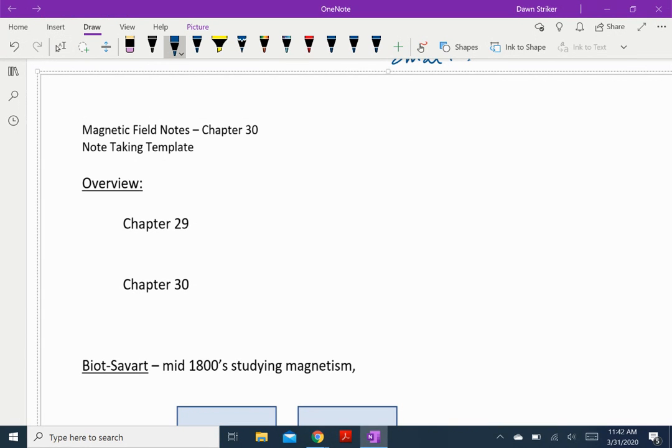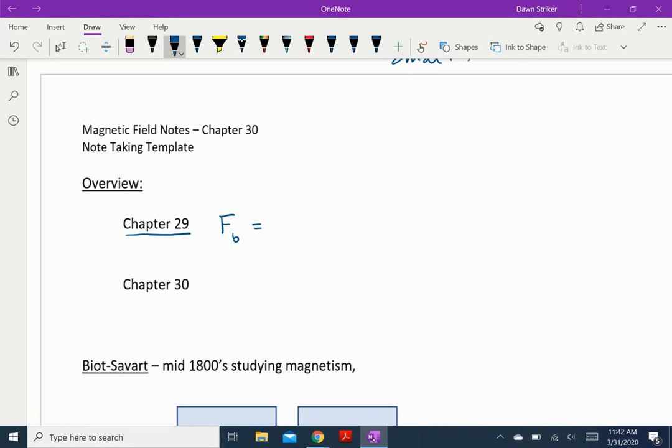All right, so here we go. We have already talked about chapter 29, and I want to tell you first how chapter 30 is different from chapter 29. In chapter 29, we were interested in quantifying the force that was felt by a moving charge in a pre-existing magnetic field.